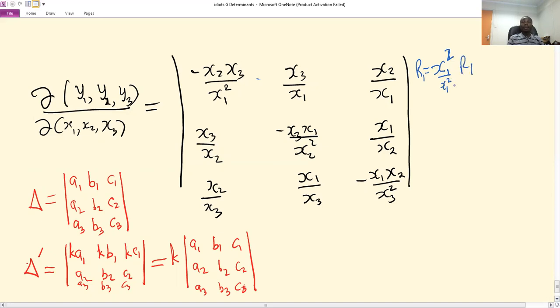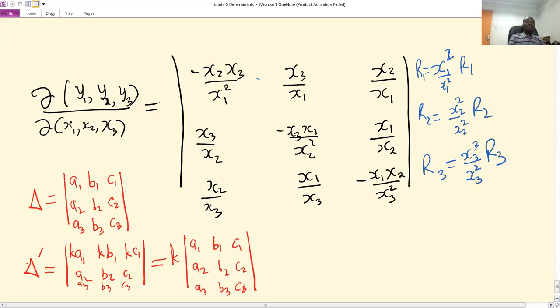Row 2, I have x2 squared over x2 squared. And row 3, I multiply by 1, but I write it as x3 squared over x3 squared.